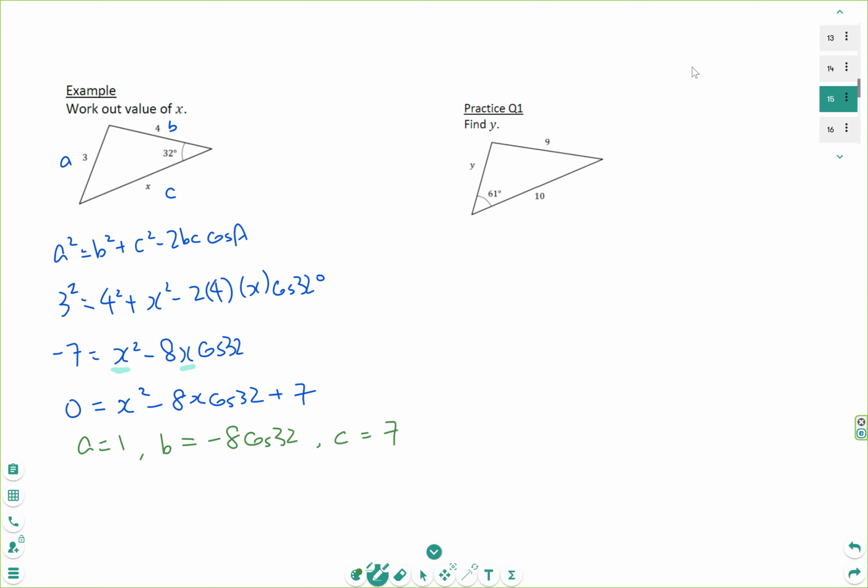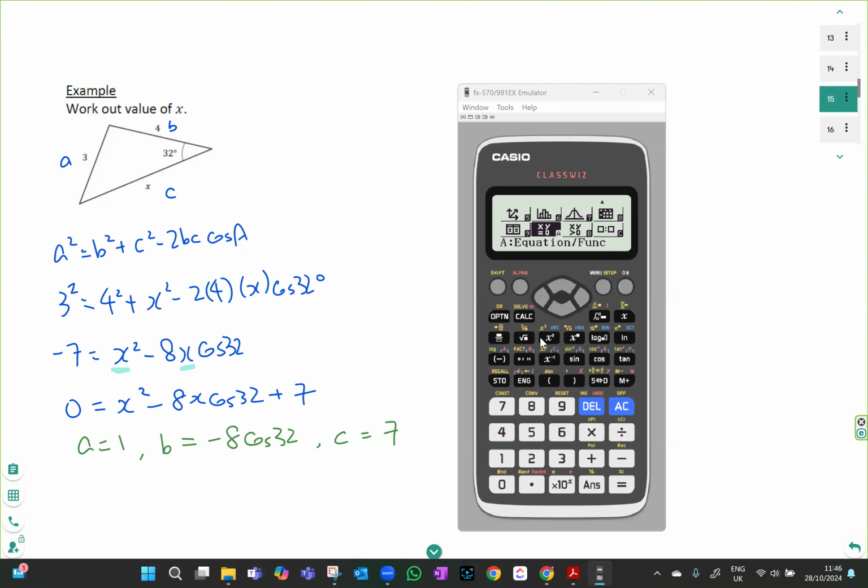Let me bring up a calculator. Go on the calculator, go on menu, and then press the equation function. Go with that tab, then polynomial, degree 2, press 1 for the x coefficient, and the b value will be -8 cos 32. One thing to note: make sure your calculator is in degrees mode, signified by a D on the top.